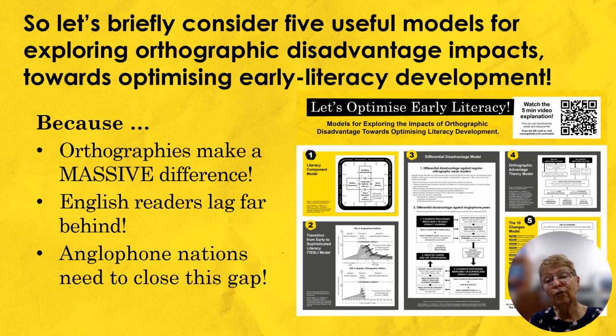We have a Find the Learning Time challenge that translates to a Find the Caring Time challenge that regular orthographies don't have, because regular orthographies make literacy far easier and quicker with few kids with learning difficulties, and their schools are time rich and can focus on subject area learning, which we see when we look at PISA science, PISA maths, etc. So Anglophone nations, we need to close the gap.